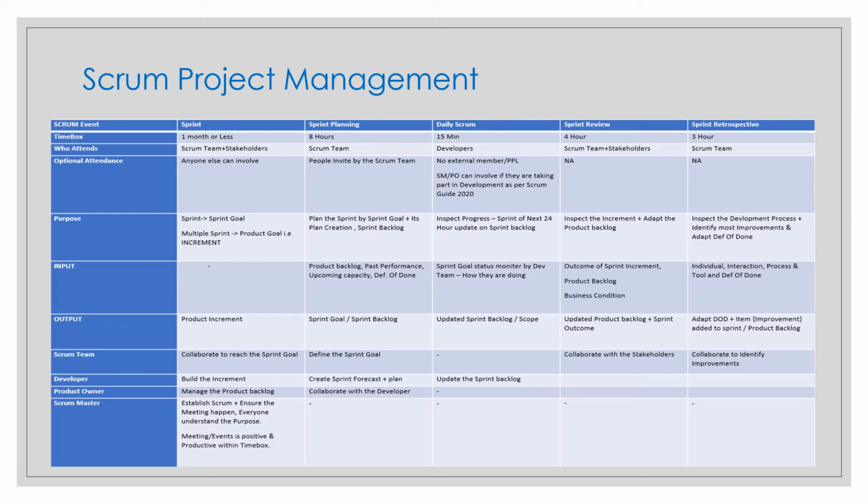The best opportunity is at the end of the sprint, during the sprint retrospective meeting, where we adapt the definition of done. Whatever improvements we have identified, we take them out and adapt the definition of done. In the middle of the sprint is not a good idea because it may impact the forecast and any existing work that has been completed already.